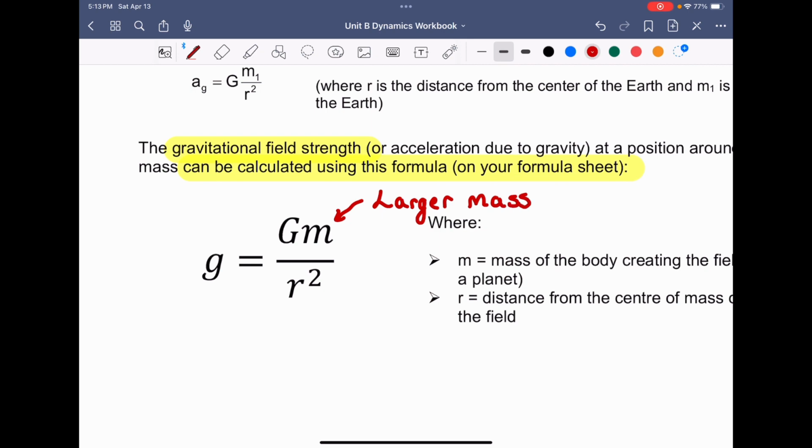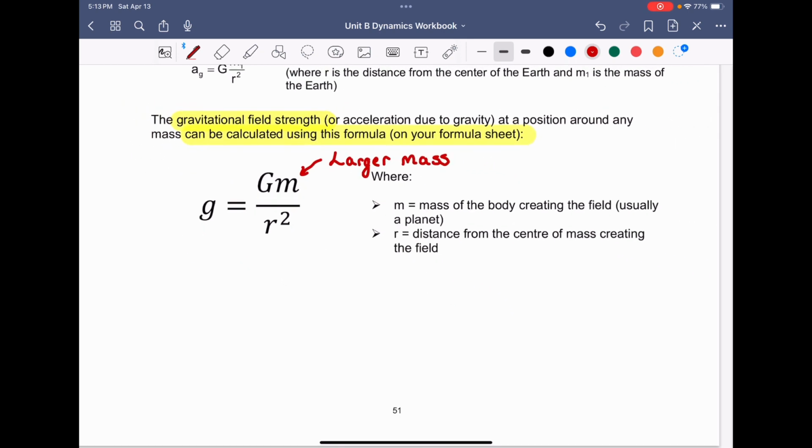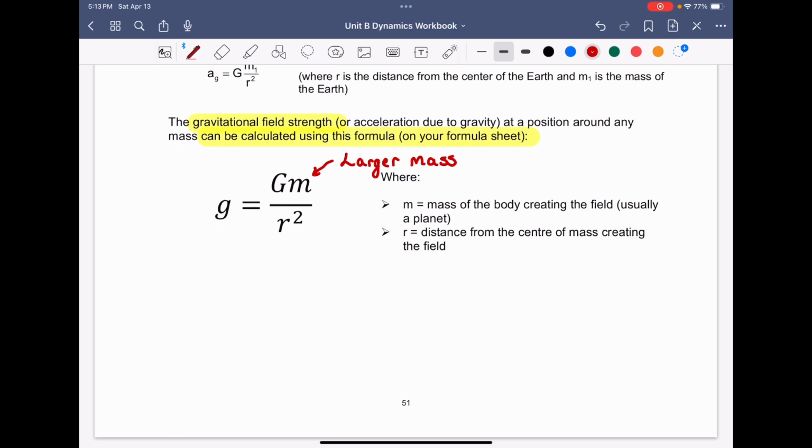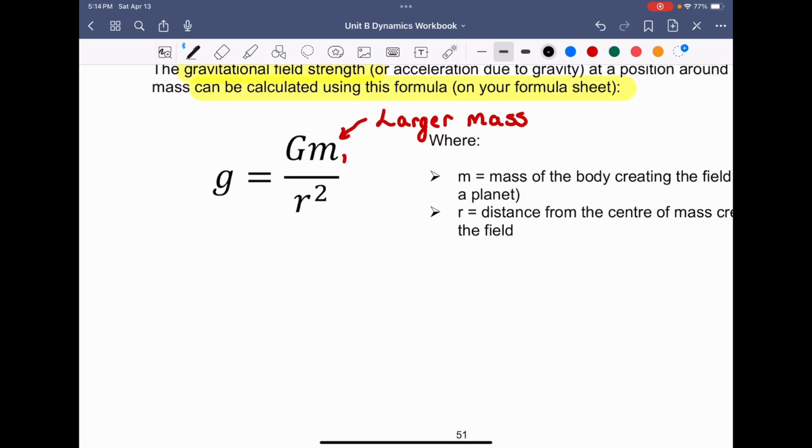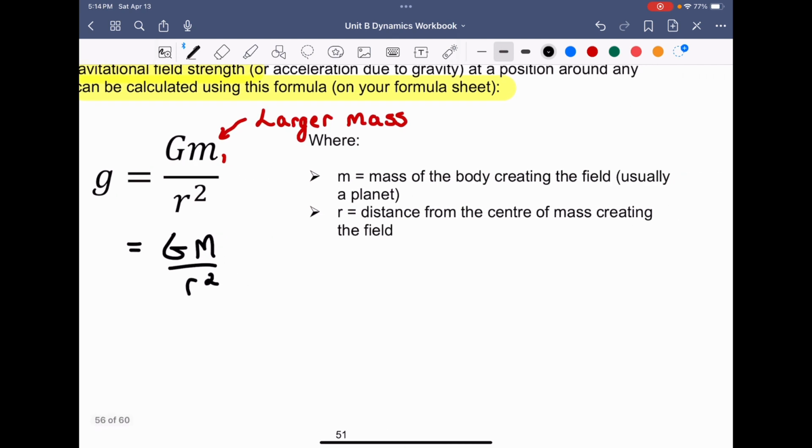Typically they would say m, or in this case, I know it looks like a lowercase m, but ideally we could even say it's m1. That would be okay, or capital M. So maybe I'll do that below here. I'm going to write it as m1, just like it was on the formula sheet, or you can write it as g capital M divided by r squared, where the capital M, or m1, is the mass of the body creating that field. Really, really important there.